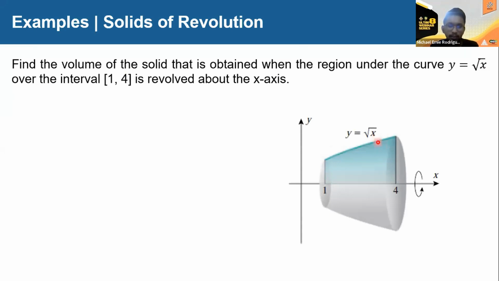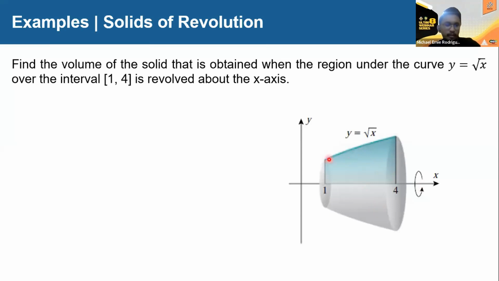And then we have the interval 1, 4. This is revolved about the x-axis. So mapansin niyo, we use a vertical strip, and then we revolve it around the x-axis. So that is perpendicular to and then touching the axis of revolution. So we will have a disk.